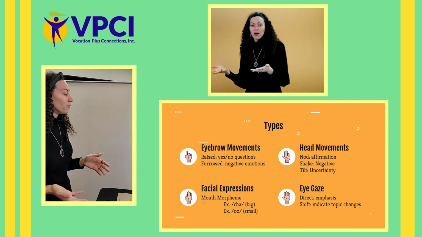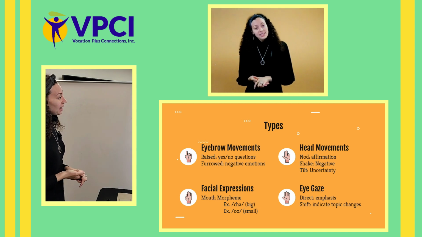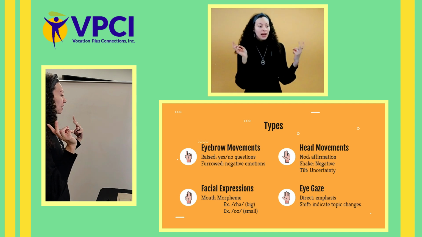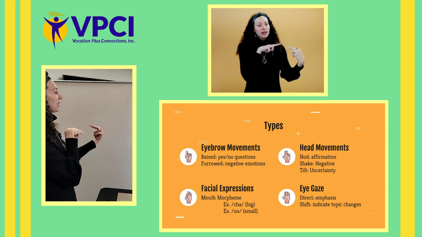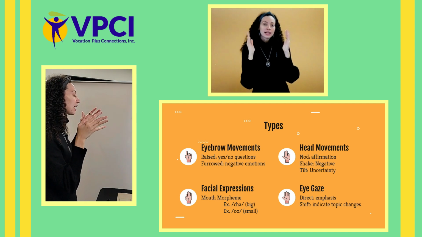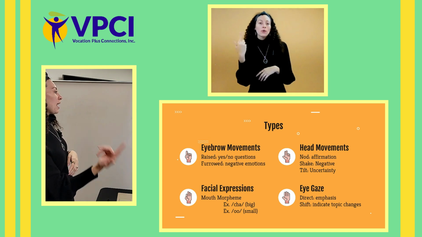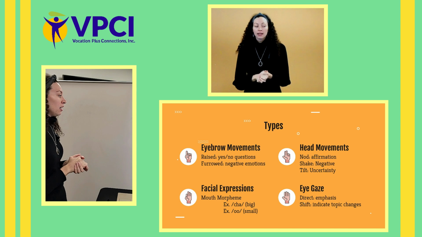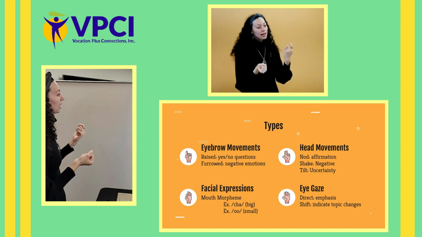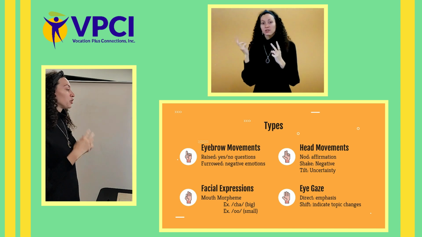So small. And lastly, eye gaze can be direct, like you're looking directly at someone to emphasize focus and attention, or you can do eye gaze as a shift, going in between different people talking. So you could be signing, and your eye gaze would switch.